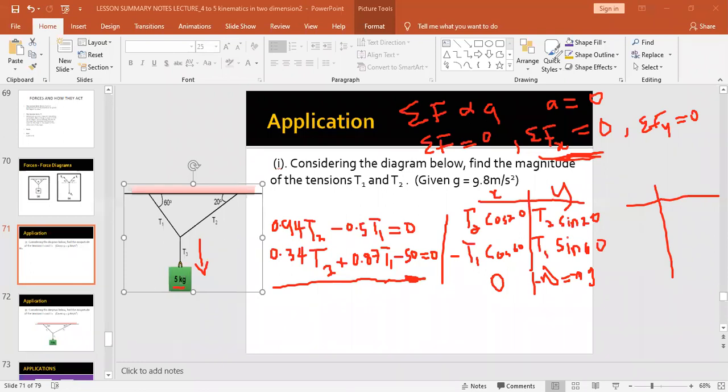So now we have to solve this simultaneously. You can make T1 the subject in the first equation.